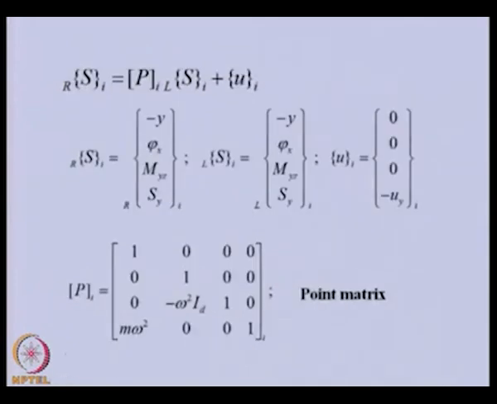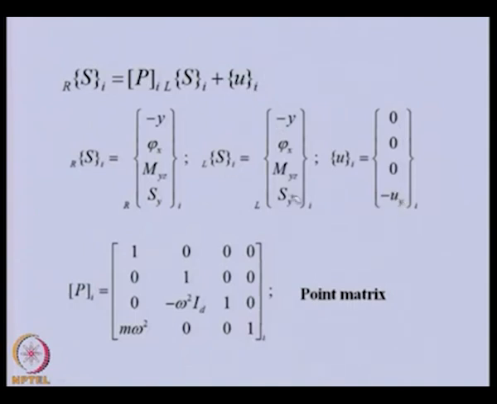Now, we can combine these similar to the field matrix. You can see this is the point matrix, which comes from the various coefficients of the state vector components, and we have an additional vector, the unbalanced vector, which comes from the unbalanced force.